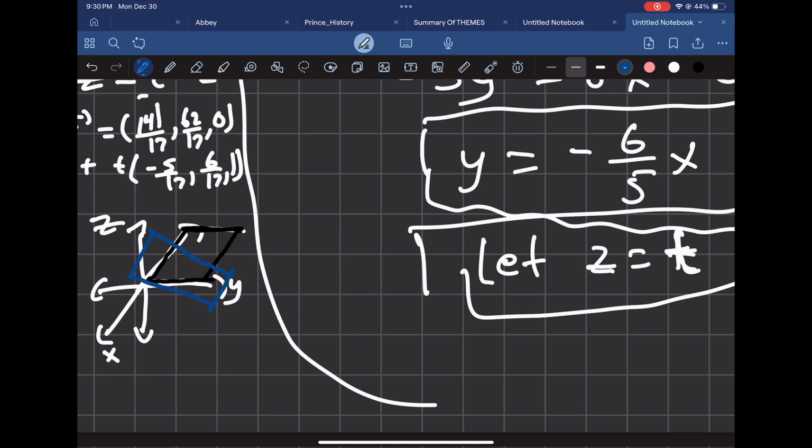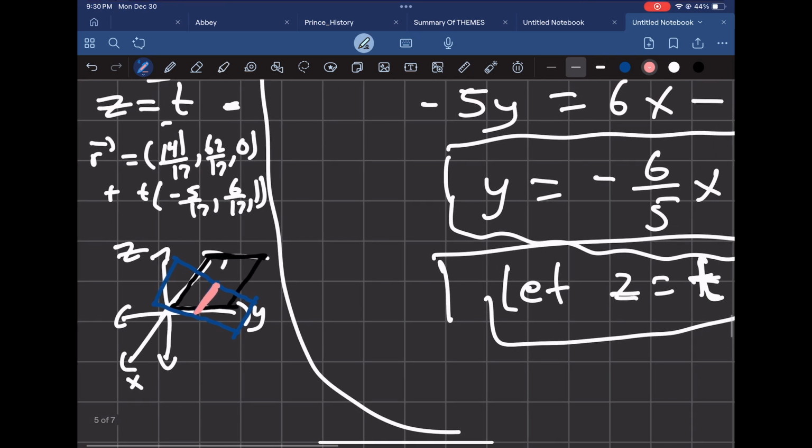So this line is where the planes intersect. All of these points that exist on this line satisfy the variables for each equation. So this line over here, the vector equation, would equate to this right here.